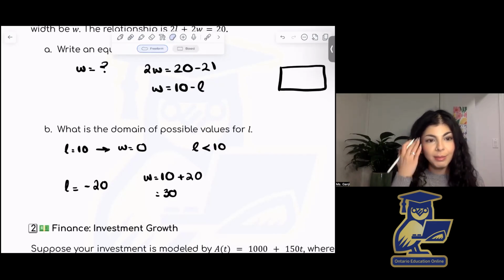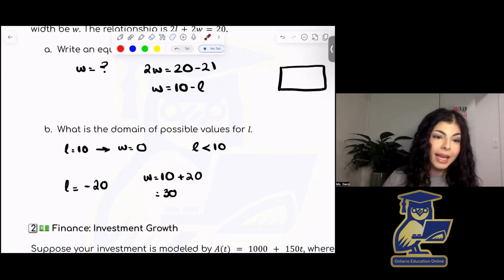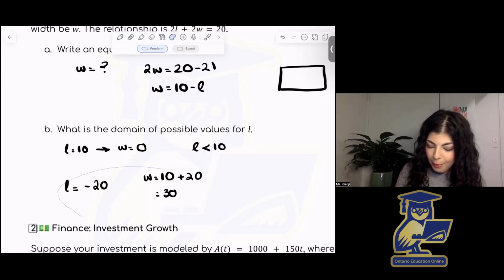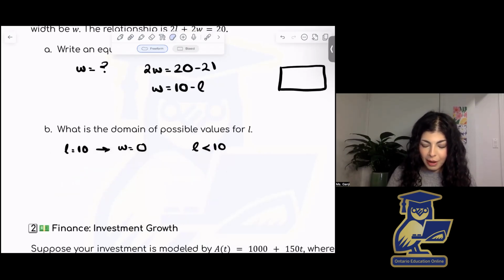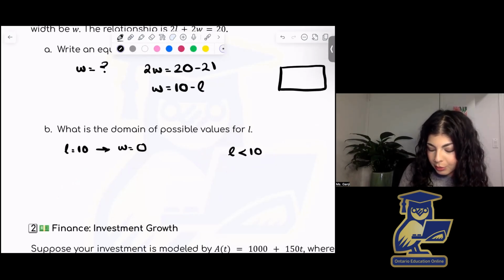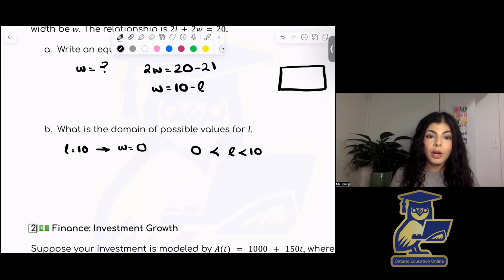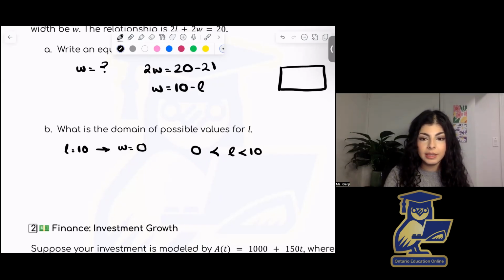And I now realize my own error, and I hope you caught me on this, but I can't even tell you that because length cannot be a negative number. So similar to the restriction we have on W, because we are working with measurements, this also has to be greater than 0. So for our possible values of L, we have L between 0 and 10 exclusive, which means we are not including 0 and 10 itself.